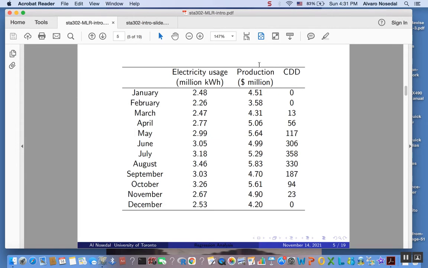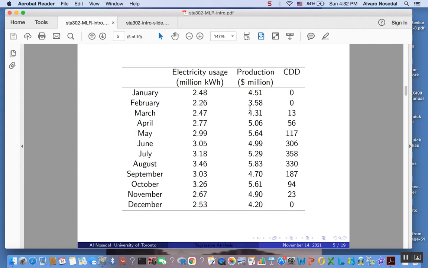Now what I would like you to see first is that in this case, for this model that we're going to be constructing, instead of having a single predictor, we are going to be having more than one. We have two. But you'll see that the ideas that we have already discussed in the case where you have a single predictor, just one, will be very useful or are going to be easily extended for this case where we have more predictors.